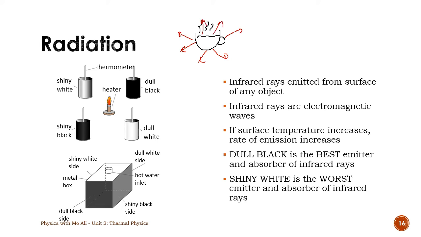If you have, let's say, your phone, and you're busy playing games on your phone instead of listening to this lesson properly, it's going to be emitting heat because it's getting hot.